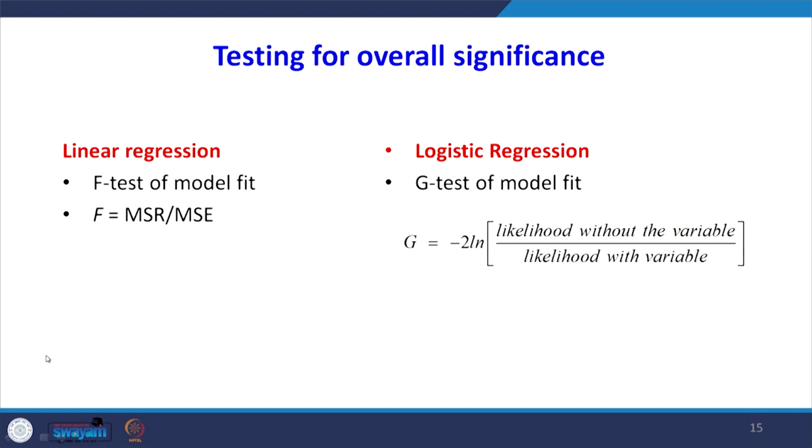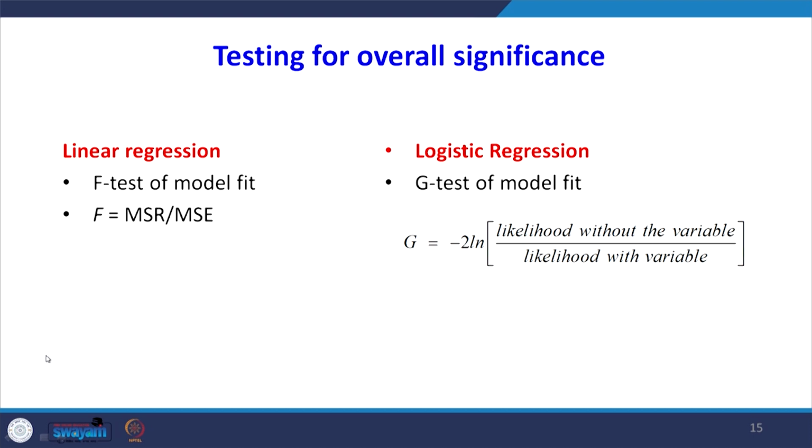Now, we will see how to test the overall significance of linear regression and logistic regression. To test the overall significance of a linear regression, we know that the F value is nothing but MSR divided by MSE, mean regression sum of square divided by mean error sum of square.